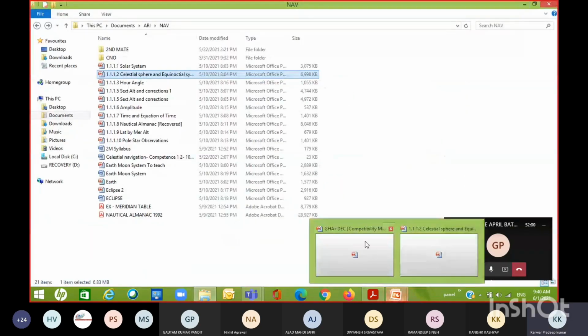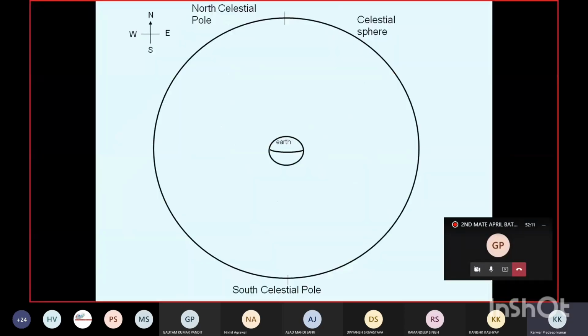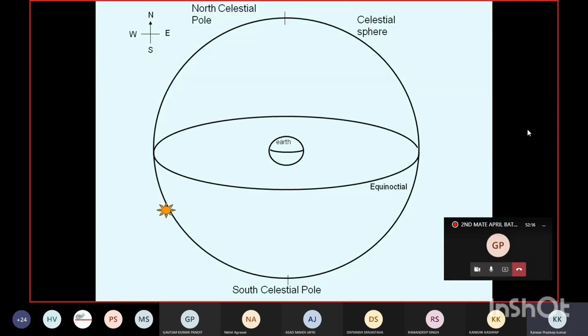I will leave this one now. We'll go back to our previous slide. So the sun is moving on this path, and it is important for you to understand when it will have a north declination and increasing, when it will have a north declination and decreasing.